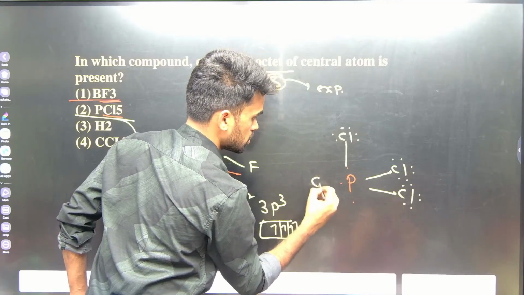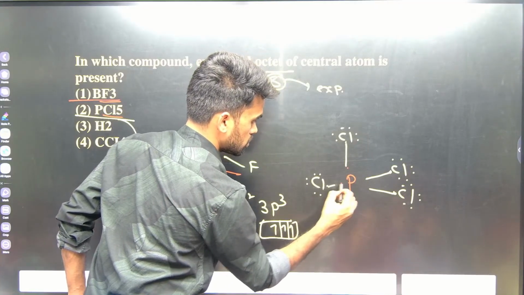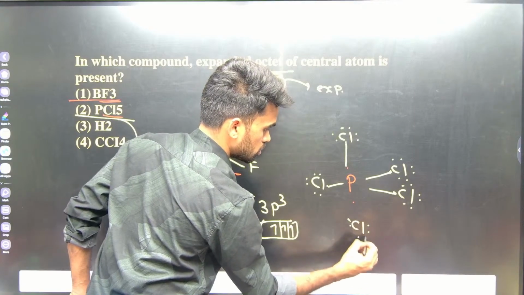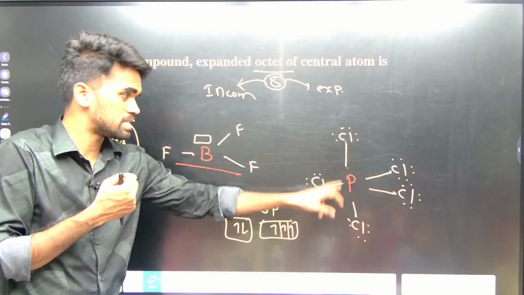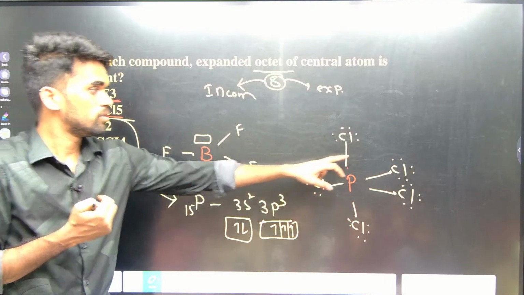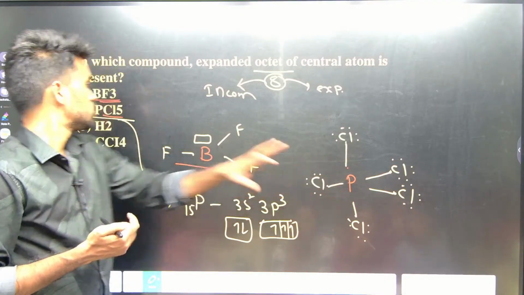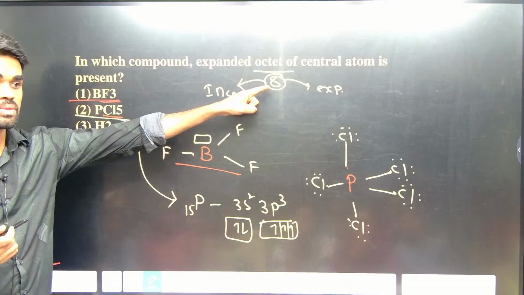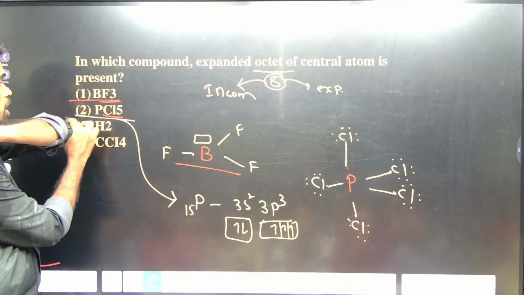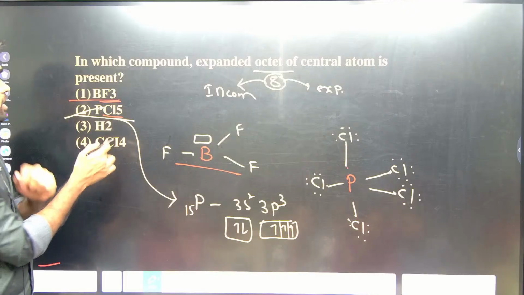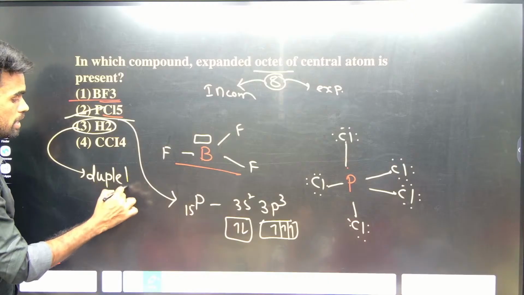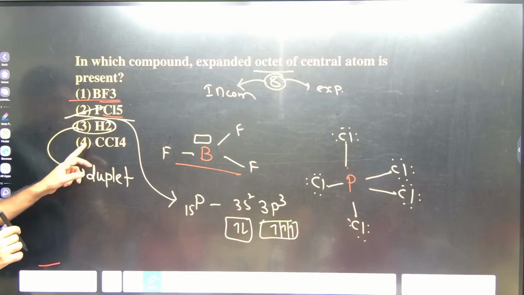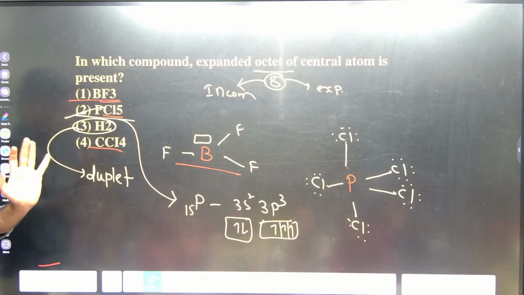Now how many electrons are there around the central phosphorus atom? 5 bonds means 10. Can I say it is more than 8? So expanded octet. Option 2 is correct. In the case of hydrogen, the configuration is duplet. CCl4 has an octet configuration. Next one.